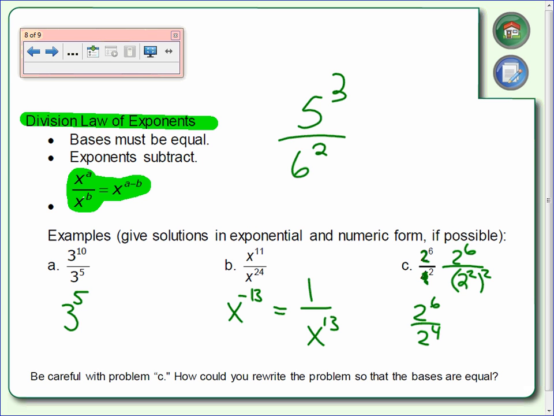But just go with me for right now. Notice I have the same bases now, so let's keep that base. And now I can subtract the exponents. So 6 minus 4 would give us 2. So this now becomes 2 squared.